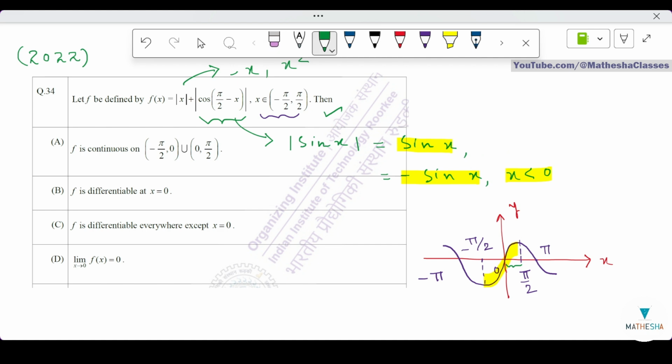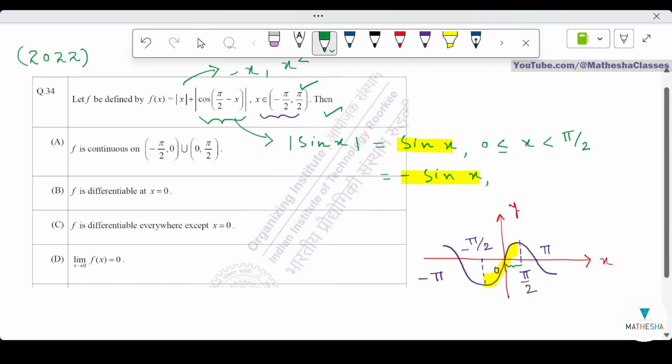This holds true for pi by 2 as well, but looking at the range of x, we just need to consider it as long as x is less than pi by 2. So for x greater or equal to 0 and less than pi by 2, mod of sin x is equal to sin x because it is non-negative.